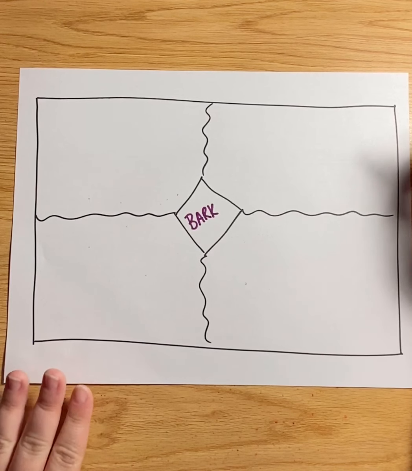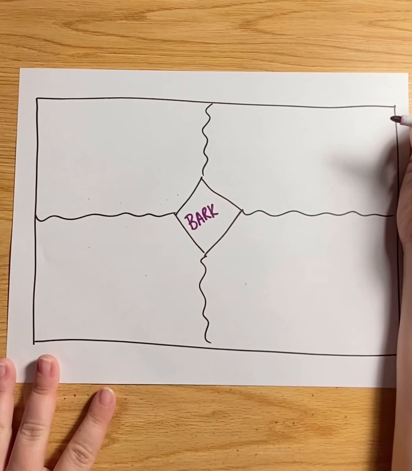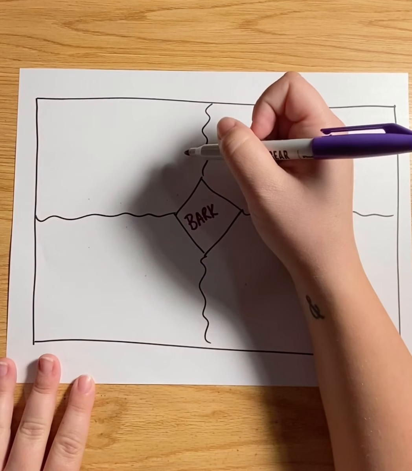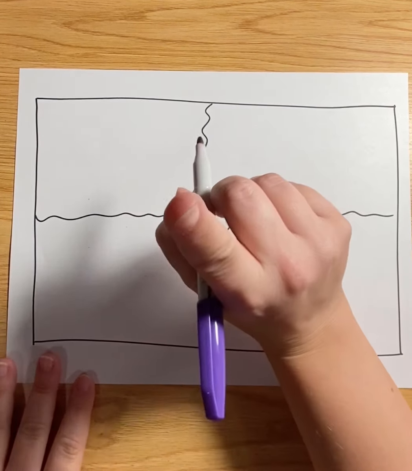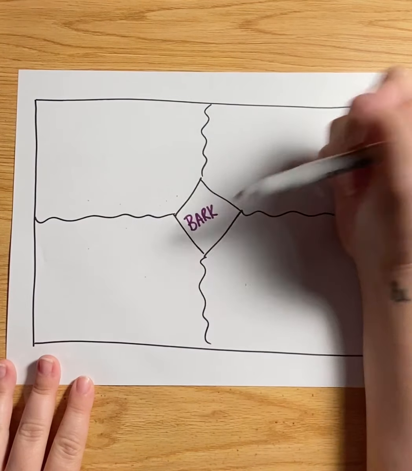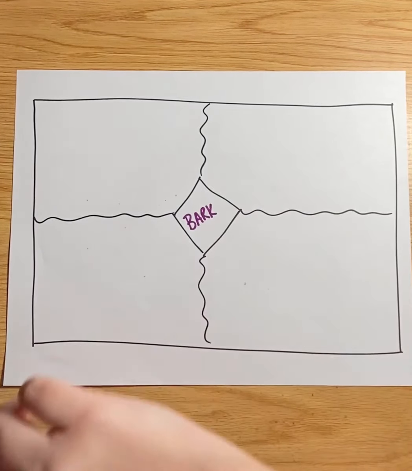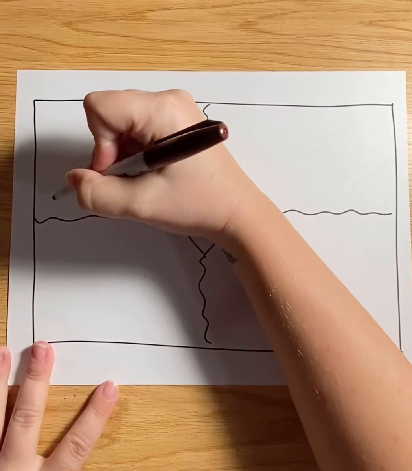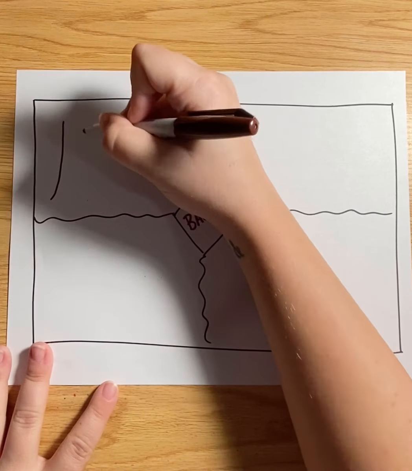Okay. Up here in the top left-hand corner, we are going to find a picture. So I'm going to draw a picture, and we all know I'm not very good at drawing, so don't judge. But I'm going to draw a picture of my word. So if I were drawing bark, there's two different ways I could do this. One way is I'm going to draw a tree.